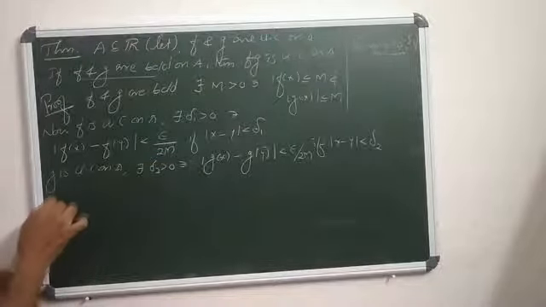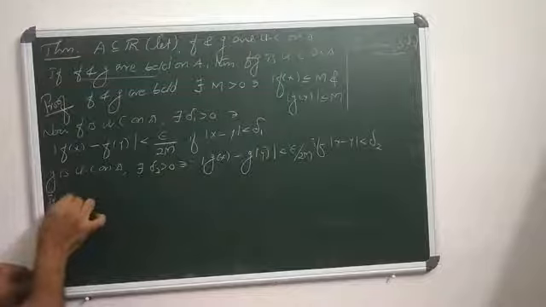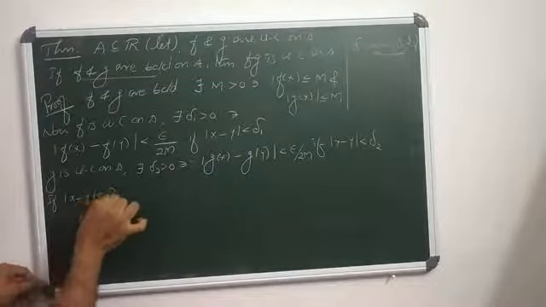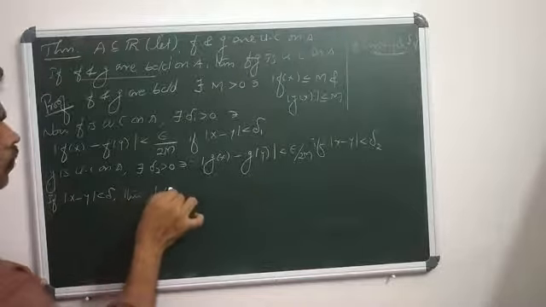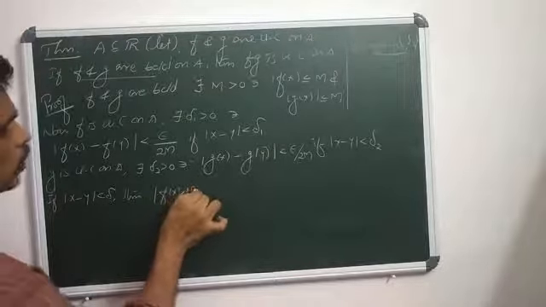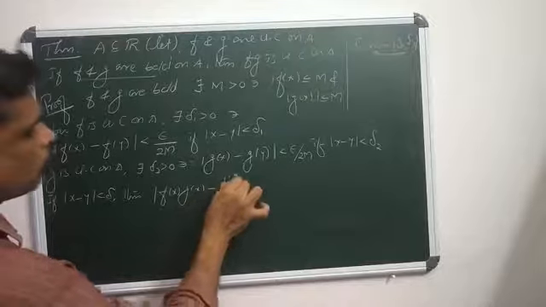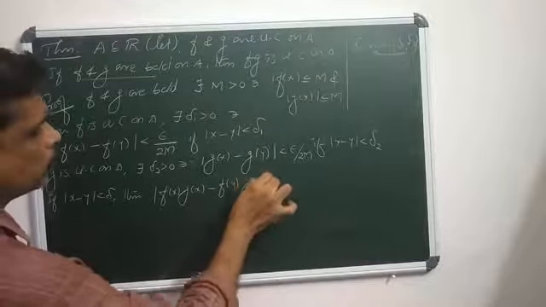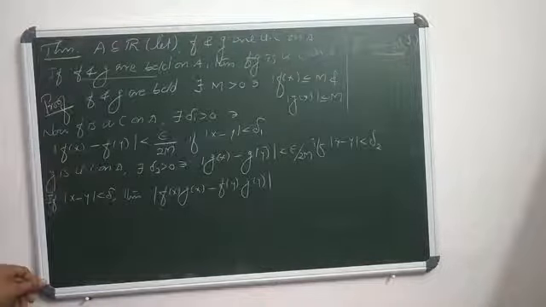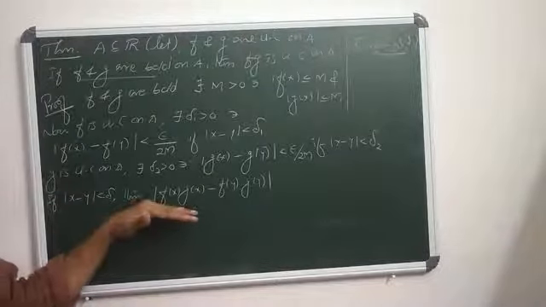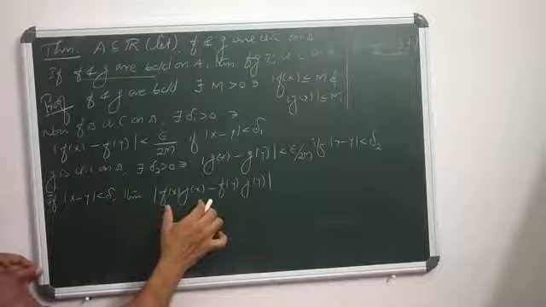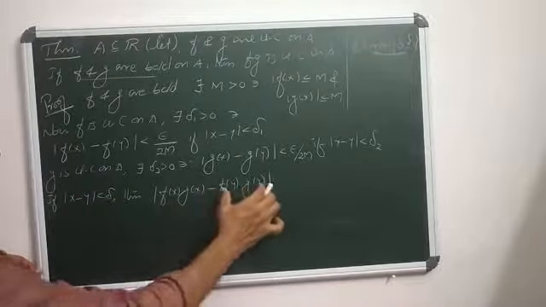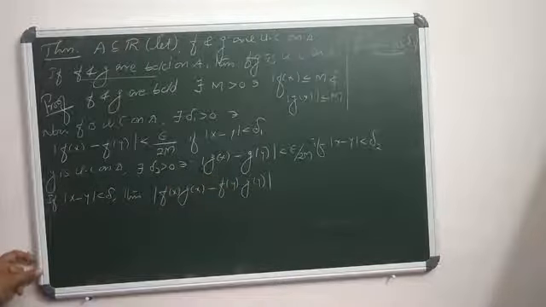Thus, if modulus of x minus y is less than delta, then to show fg is uniformly continuous we have to show that modulus of f of x g of x minus f of y g of y is strictly less than epsilon.